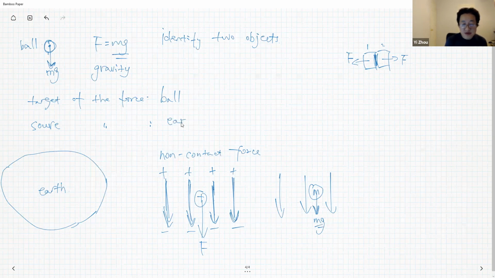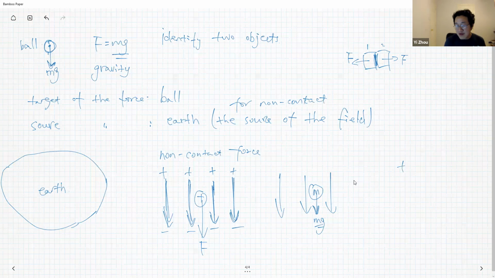So for this case, the Earth is the source of the field for the non-contact force. That's the way you find the object: the source of the field. For example, we know the positive charge and negative charge attract each other. This one has a force going that way, this one has a force going that way.